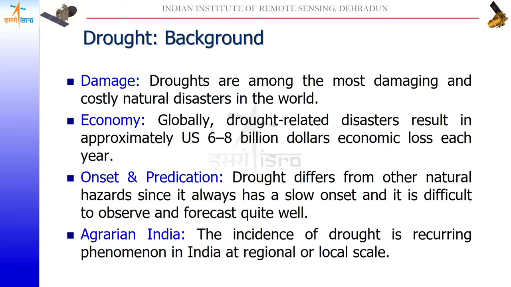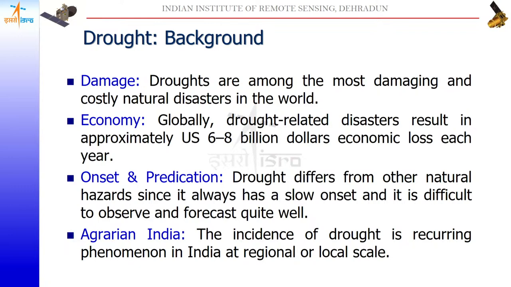Before starting this lecture, we have to know what drought is, and before the definition and its detail, we have to discuss the background. With this reference, I categorize here 4 points: damage, economy, onset and prediction, and aggregate in India.